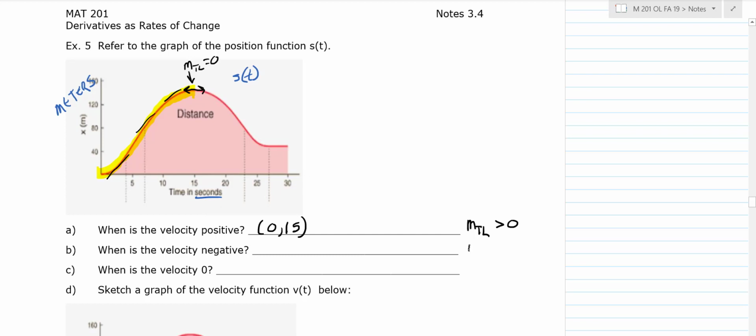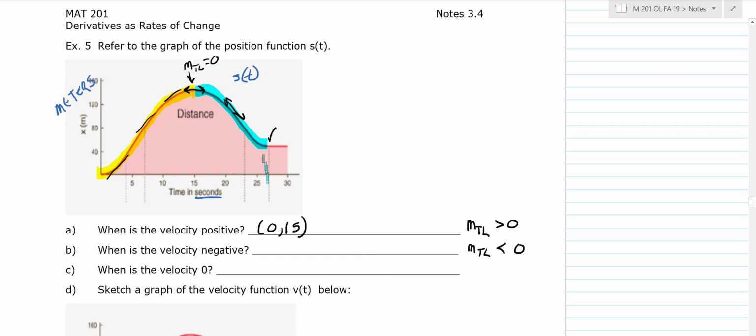Well, the velocity is negative when the slope of the tangent line is negative, when that's less than 0. So if you look here, you have a negative sloping tangent line from here until you get there roughly. When it starts leveling off, it's kind of hard to tell when that levels off.